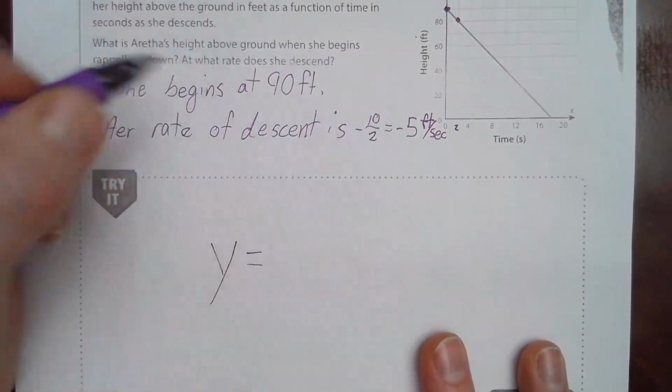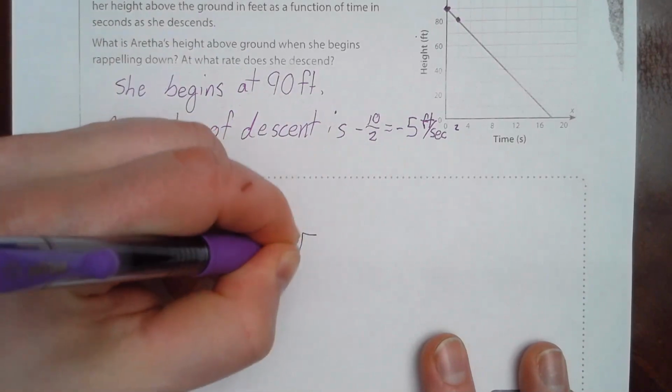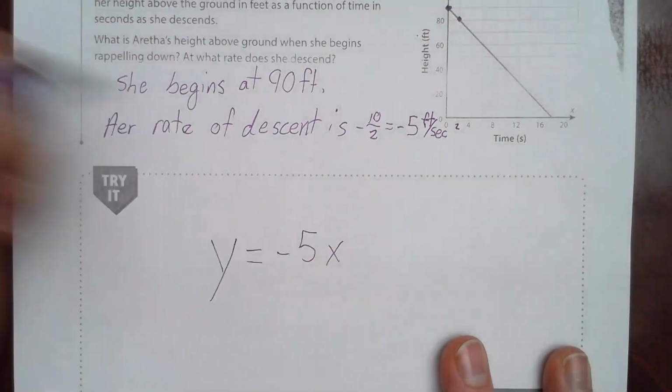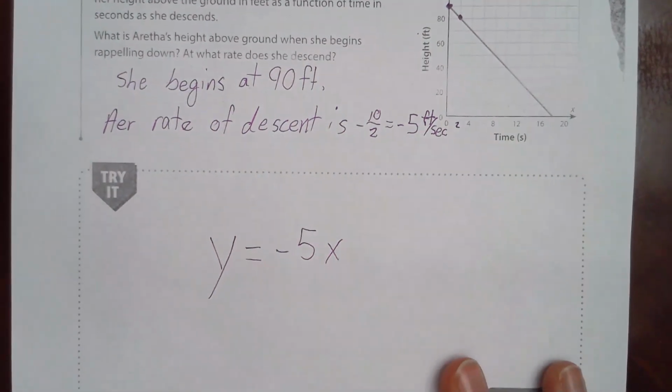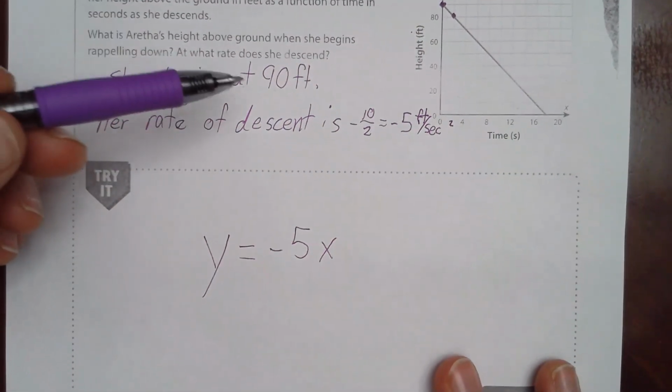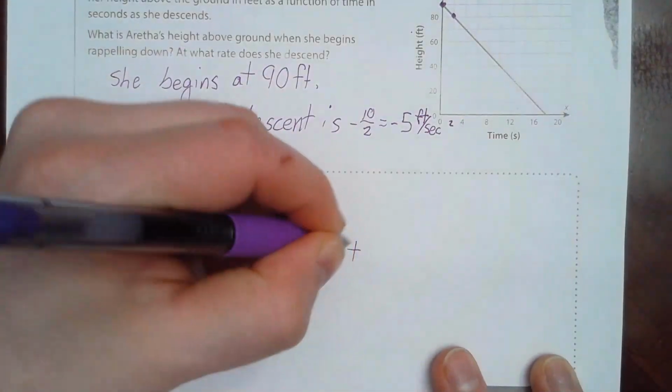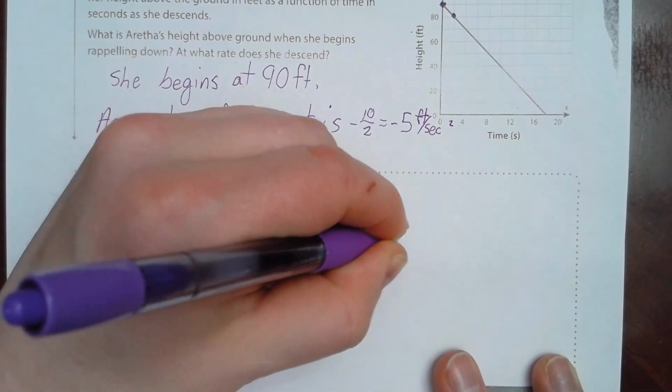Our rise over run is going to be -5. We know that next to our slope is always an x, or whatever variable we're using. And then where we begin is going to be our y-intercept, so plus 90.